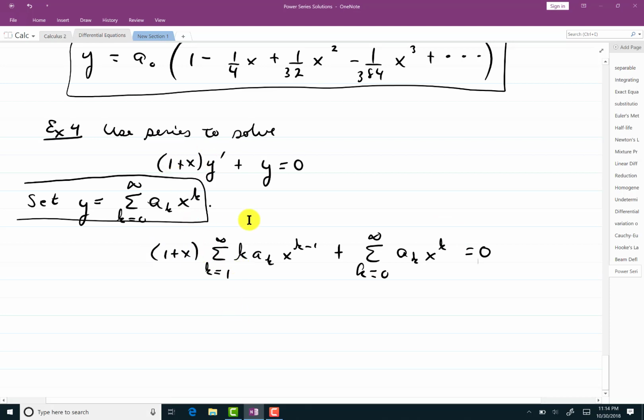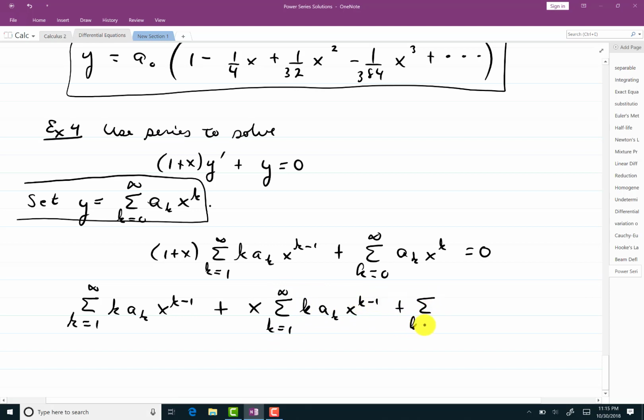When I multiply by the 1, I will get the sum from k equals 1 to infinity of k a sub k x to the k minus 1. The next piece, the x, gives the sum from k equals 1 to infinity of k a sub k x times x to the k minus 1, plus the summation from k equals 0 to infinity of a sub k x to the k, equals 0.